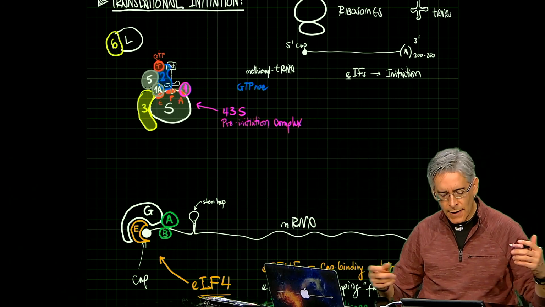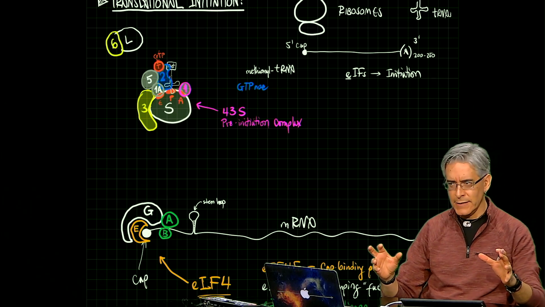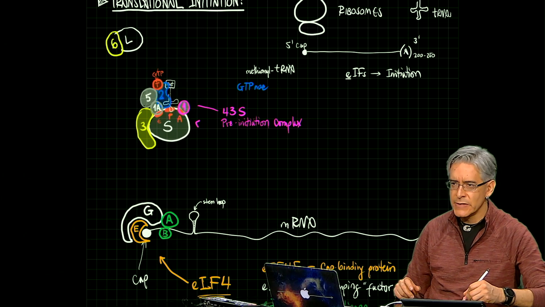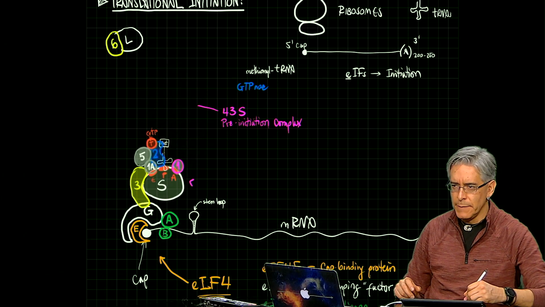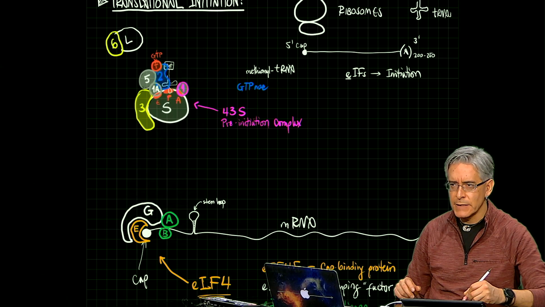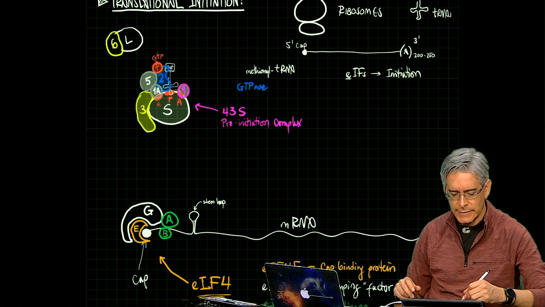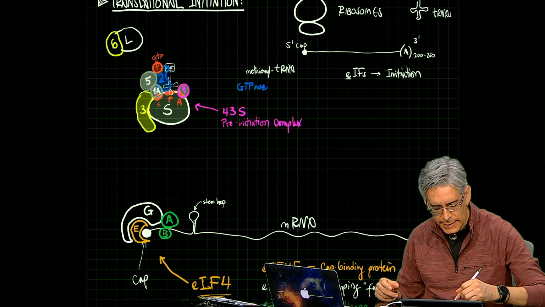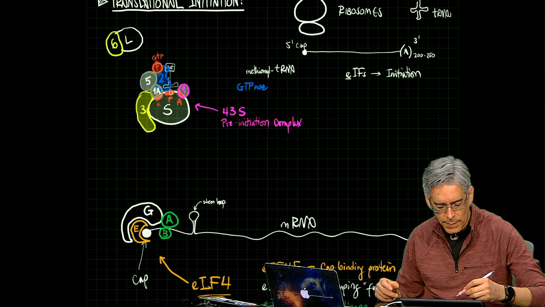So, all right, the next thing that we need is then to recruit the 43S pre-initiation complex to your messenger RNA. And that process of bringing the 43S, so let's actually do something here. Let's keep it separate for the time being. Let's make a copy of this.